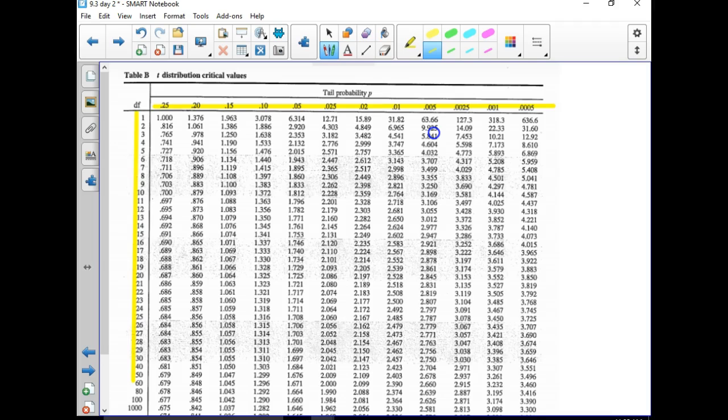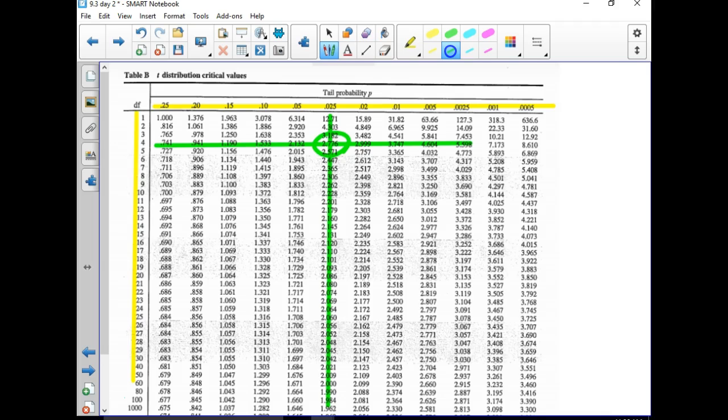Our alpha level is no longer 0.05, it's 0.025 because it's two-sided. So I go right there. My degrees of freedom are 4. And right here is my critical value. So instead of finding a p-value, we're finding a critical value.